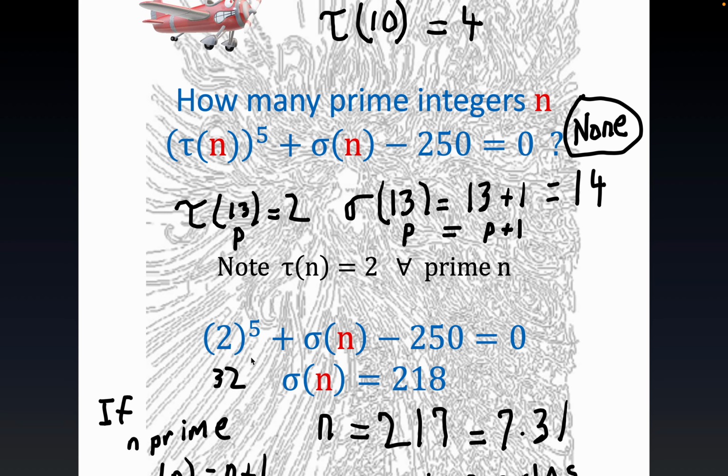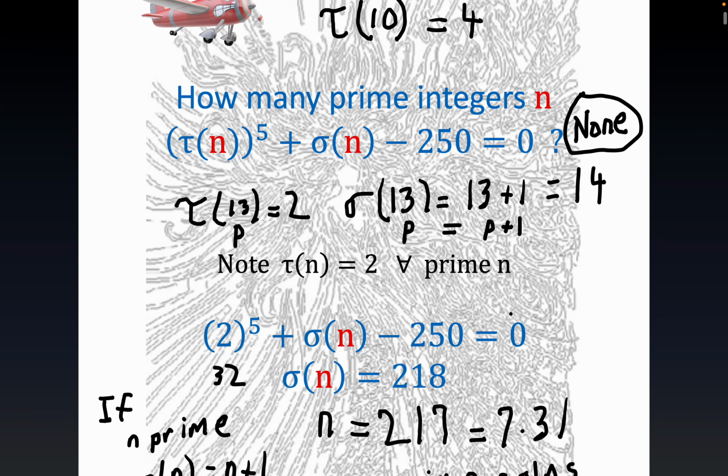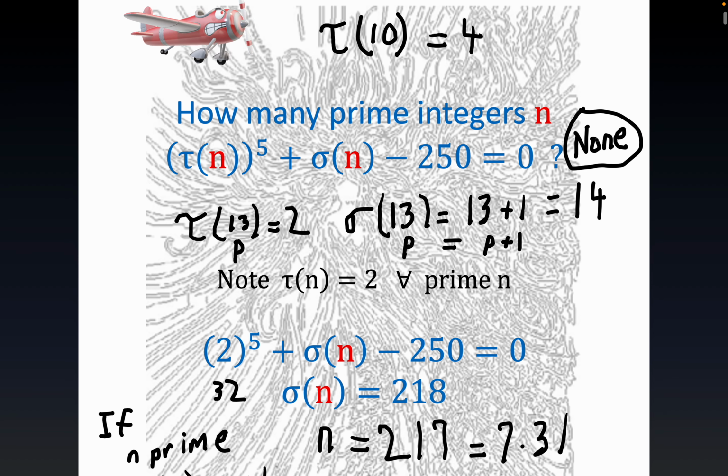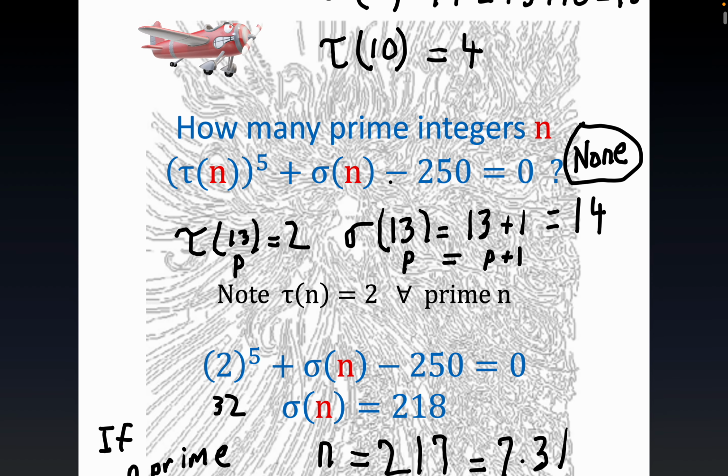And so that doesn't change for any prime, no matter what its size is. So the sum of divisors is just going to keep getting bigger and bigger with larger and larger numbers. Generally speaking, that's not completely true, but I'm holding to my claim that there are no prime solutions here. And again, a little bit of hand waving as usual.